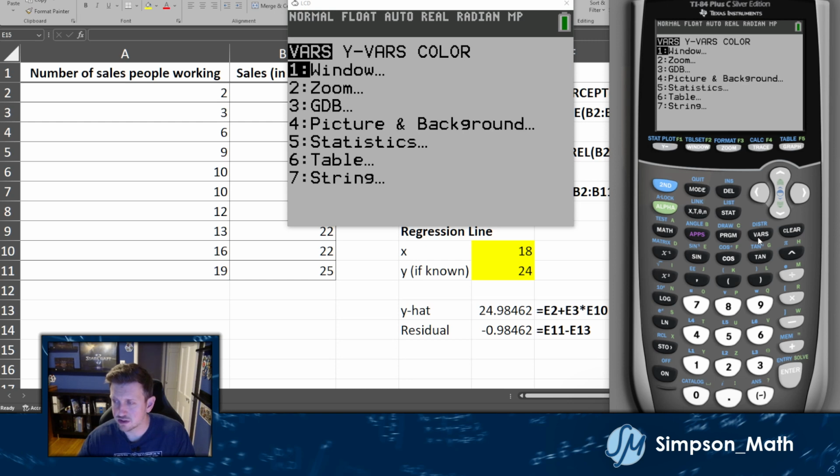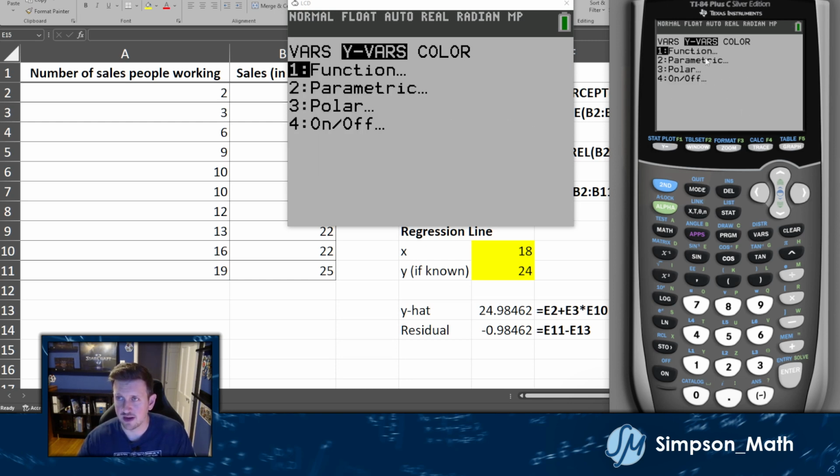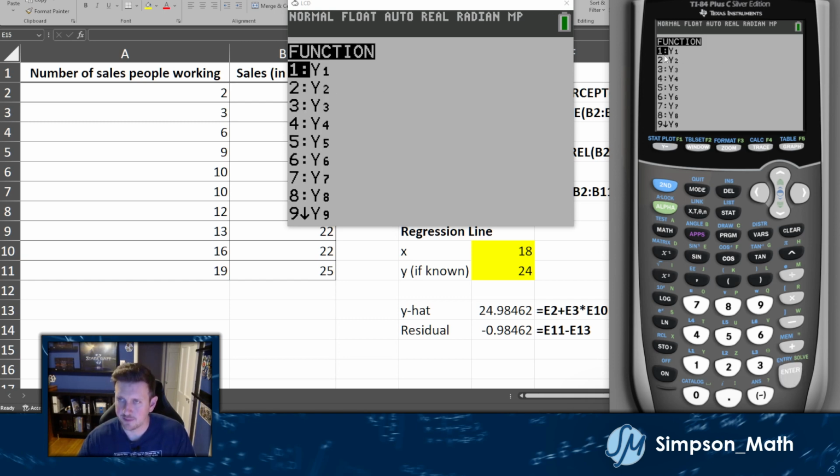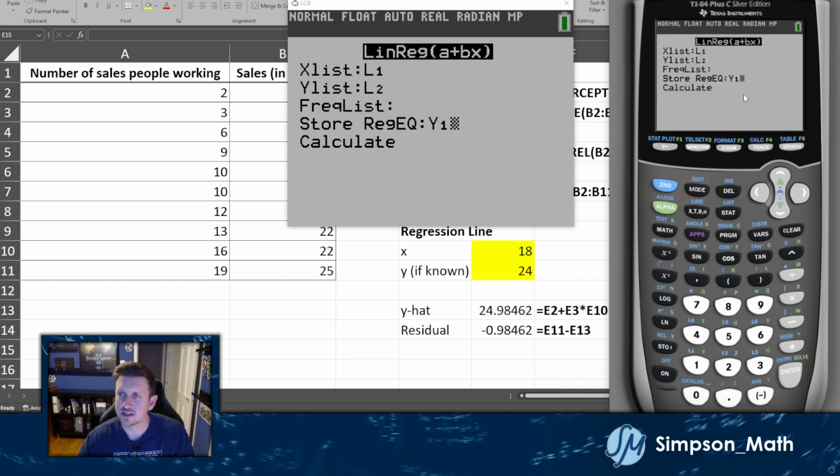These are variables. I want a y variable, so I'm going to arrow over to Y-Vars. These are some of the different types of y variables we could have. I'm going to do a function y variable, and I'm going to pick Y1. This will copy and paste the entire equation with a whole bunch of decimal places into Y1 for me. So I'm going to press calculate.